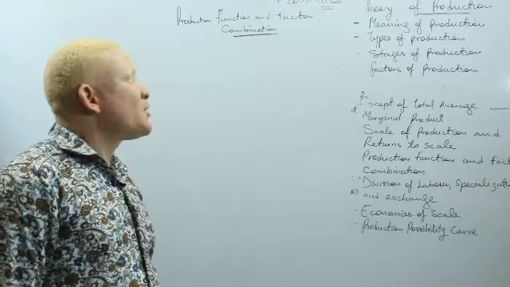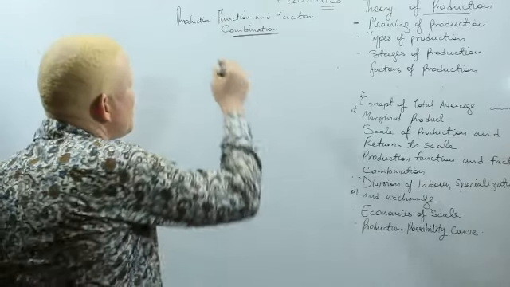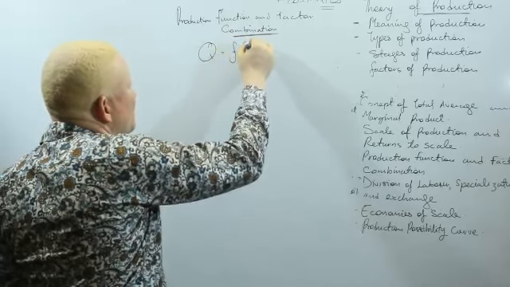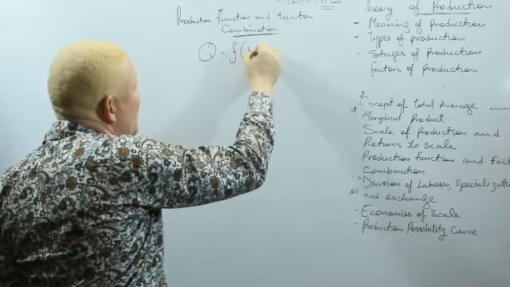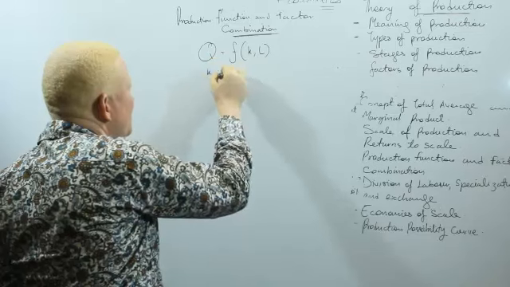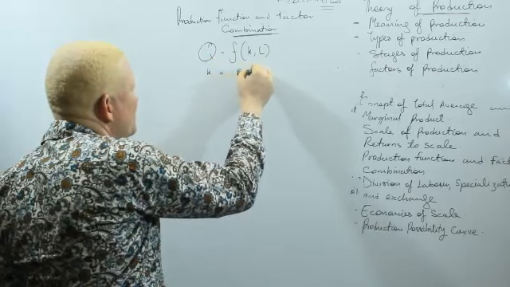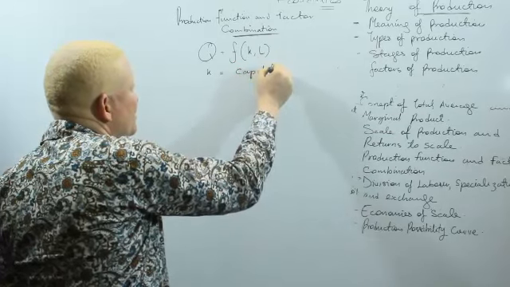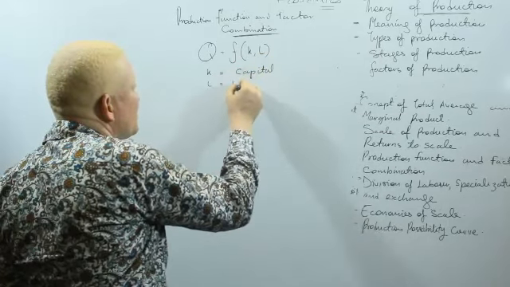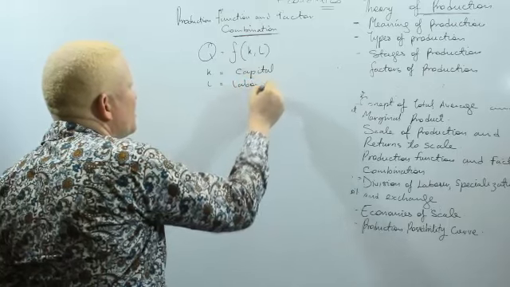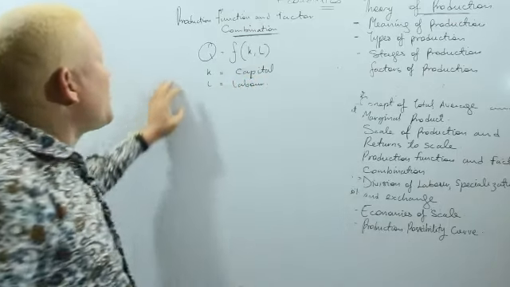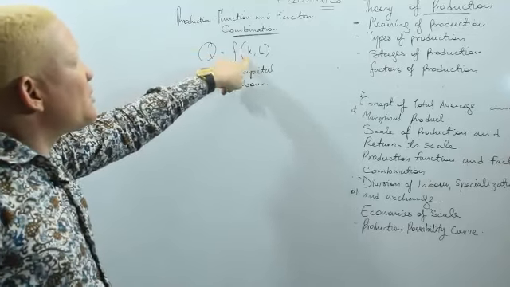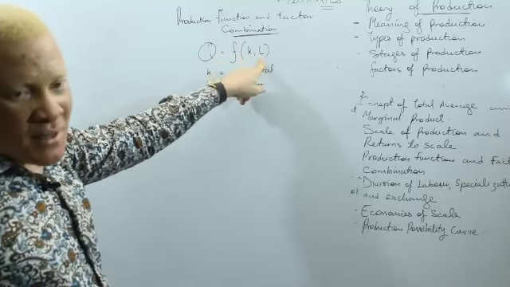Say quantitatively, Q is a function of K and L, where K is capital, L is labor. That means that whatever we produce will be a combination of capital and labor.